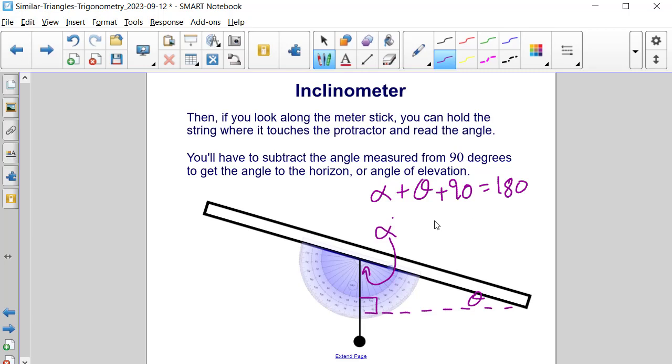If we subtract 90 from both sides, we'll get that alpha plus theta is equal to 90 degrees. And then if we're looking for theta, our angle of elevation, we're going to subtract alpha from both sides and get that it's equal to 90 minus that alpha reading from the inclinometer.